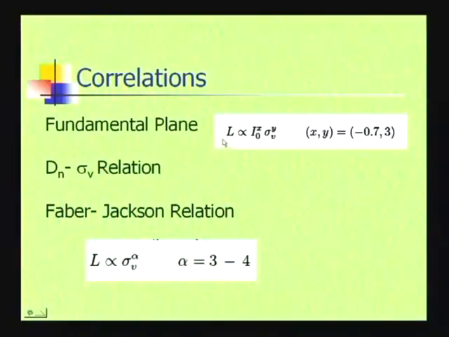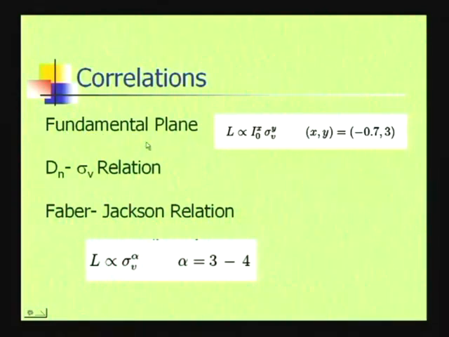The luminosity is proportional to the central surface brightness to some power and the velocity dispersion to some other power, where these powers are given over here, and this is called the fundamental plane relation.